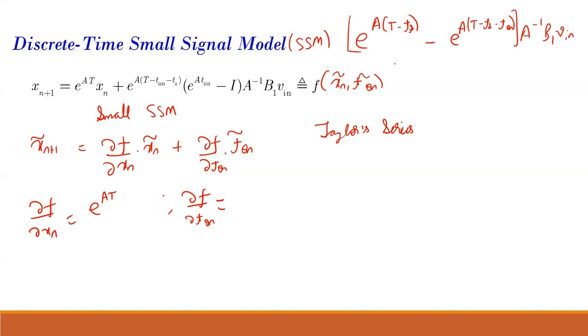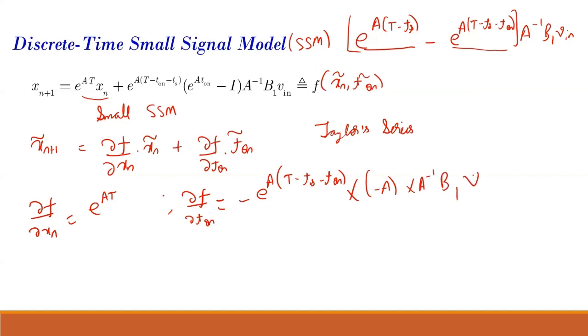Now I will differentiate this term, because the other term I'm ignoring right now will automatically become 0 when I differentiate. When I differentiate this large term, this part will be 0 because it doesn't include t on. Only this term will come into the picture. So when I differentiate this, it becomes e raised to a t minus ts minus t on, into minus of a, into a inverse into v1 into vn.